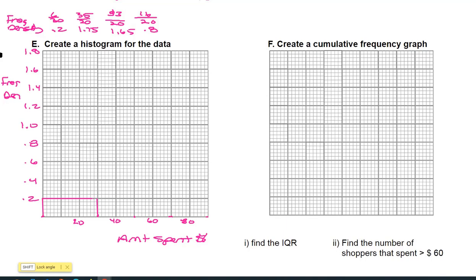If I take 0.2 and divide it by 5, each one of those is 0.04. So this is 1.64 right here, and this is 1.68, and this is 1.72, and this is 1.76.